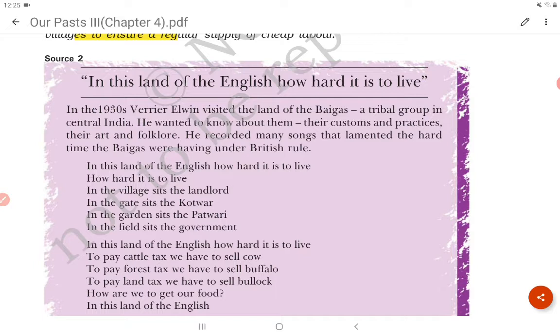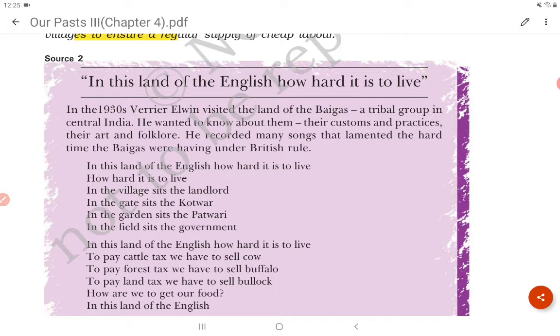In this land of the English, how hard it is to live. In the village sits the landlord. In the gate sits the kotwal. In the garden sits the patwari. In the field sits the government.